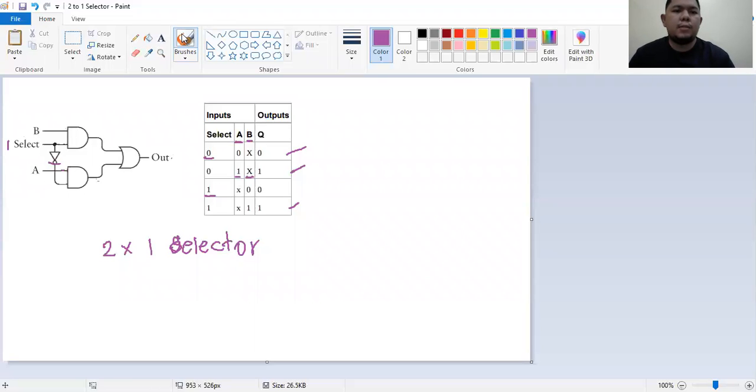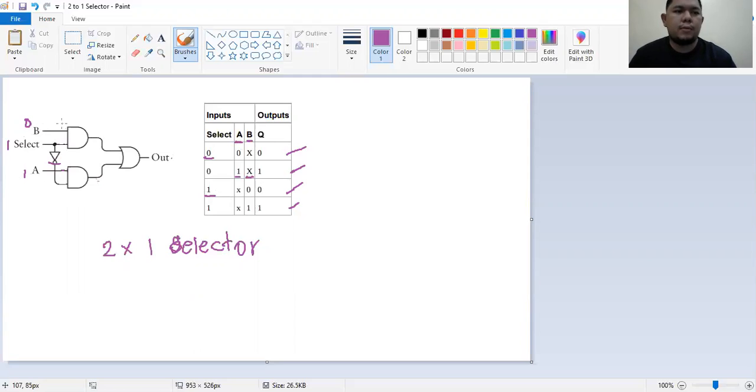Now let's prove this other truth in the truth table where the select input is 1 and we select 0 as the value of B and 1 for the value of A. Theoretically, we should be outputting B, correct?